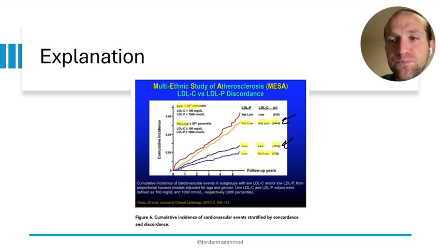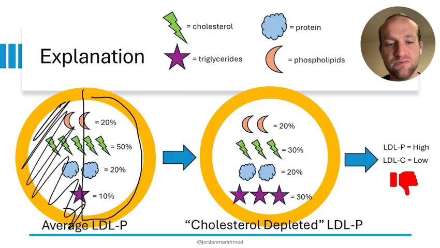And then we can talk about this group up here, which is my group that's kind of the bad news bears. They had not low LDLP, so they had higher LDL particles, but their LDLC was still technically low. And so this was this scenario right here.